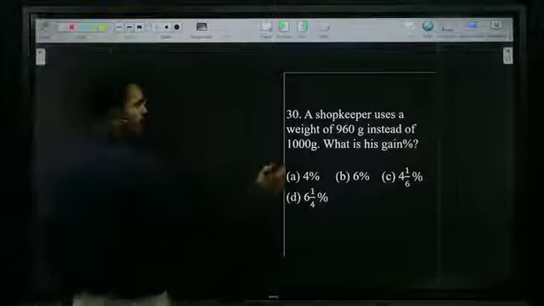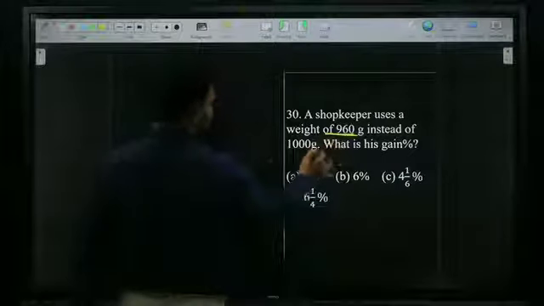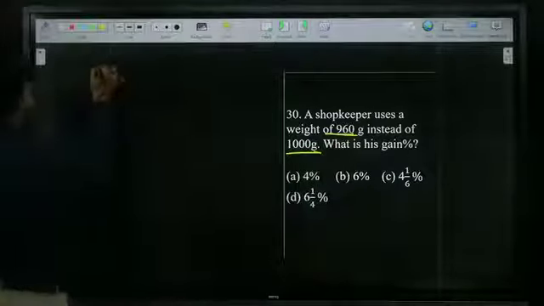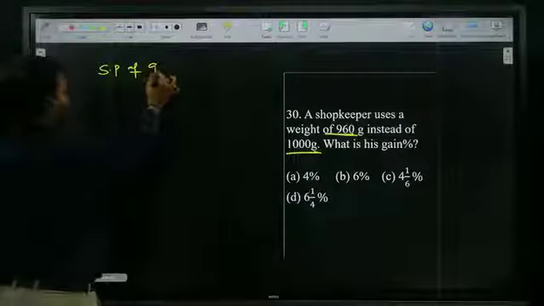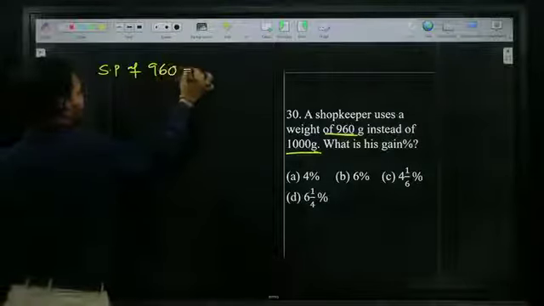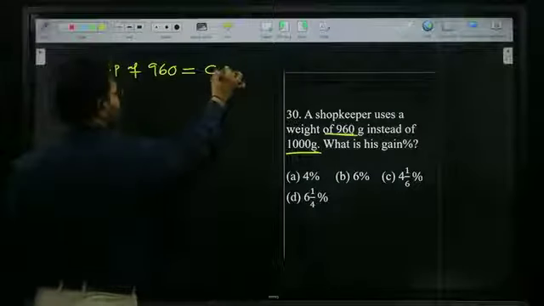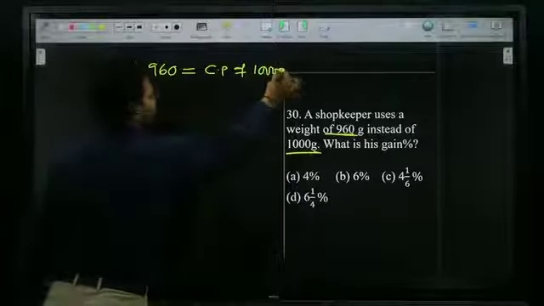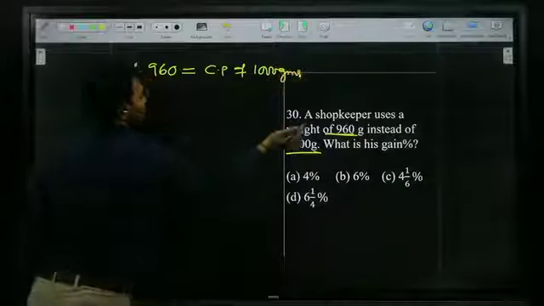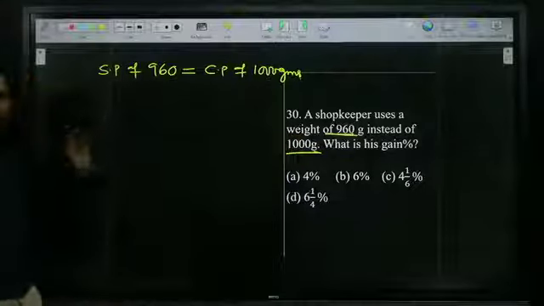By selling 960 grams, they are giving only 960 grams, but they said it is 1000 grams. They are taking 1000 grams of money, but giving only 960 grams.